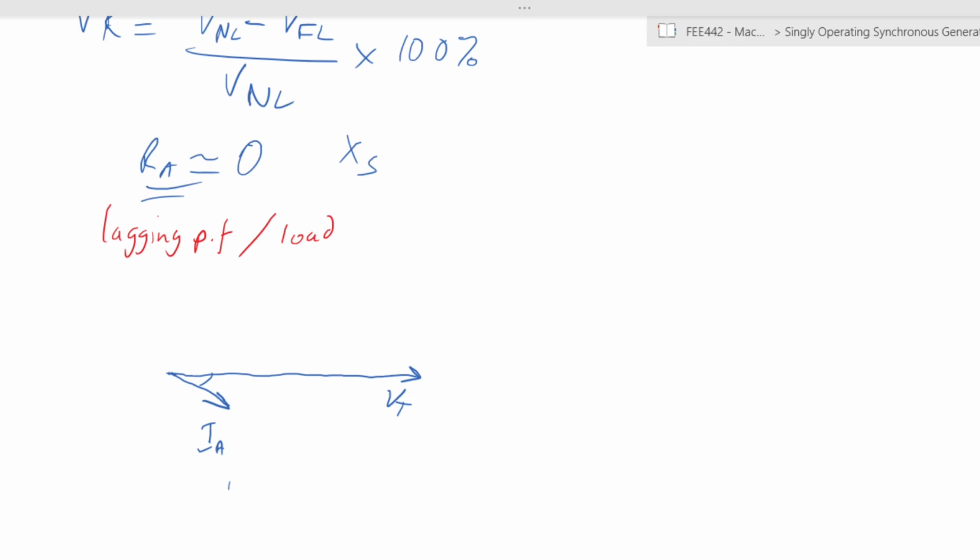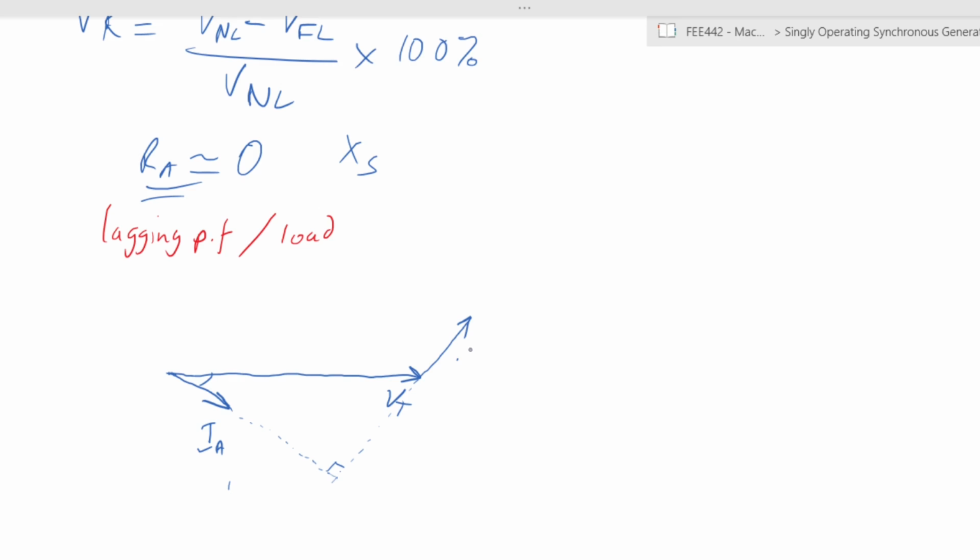The value of jIAXS will be such that it will look something like this. So it is roughly perpendicular to that. So it is somewhere there.